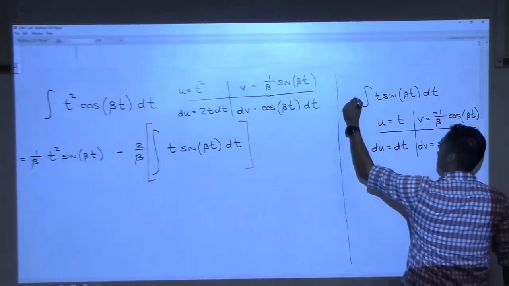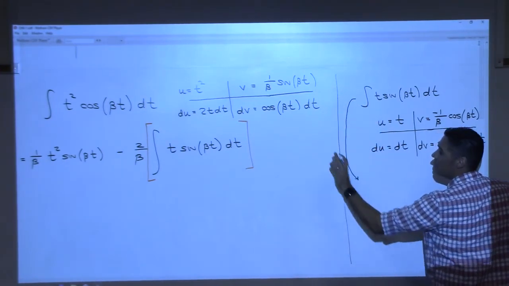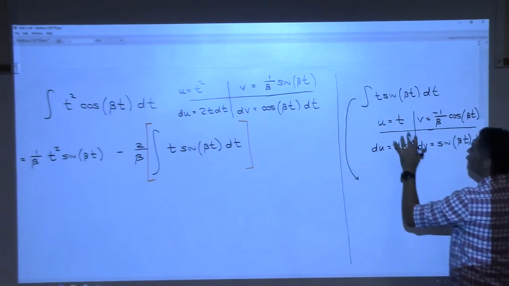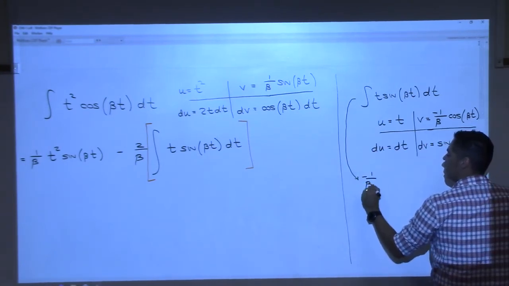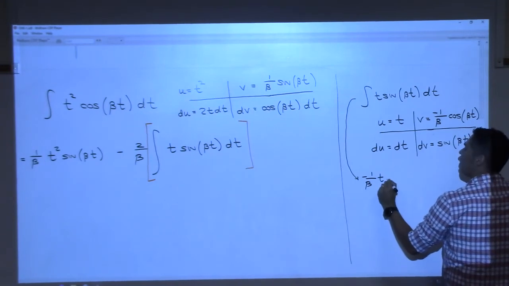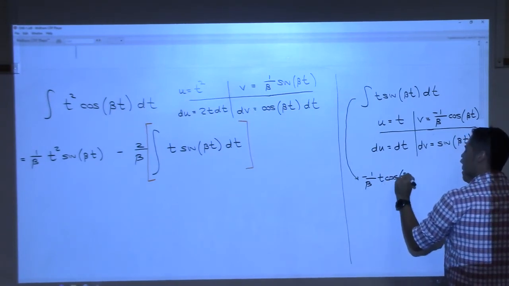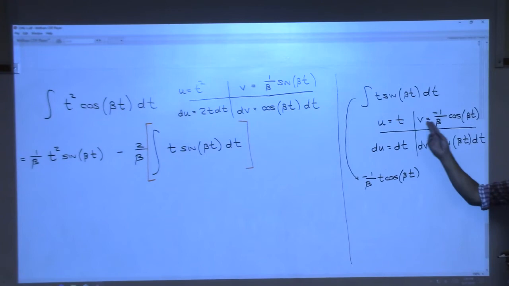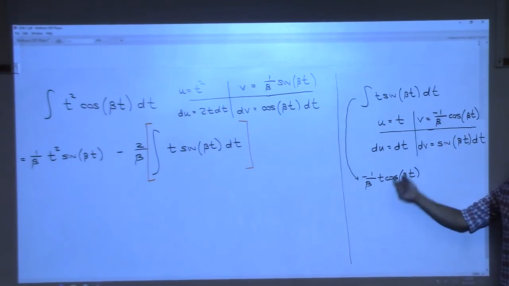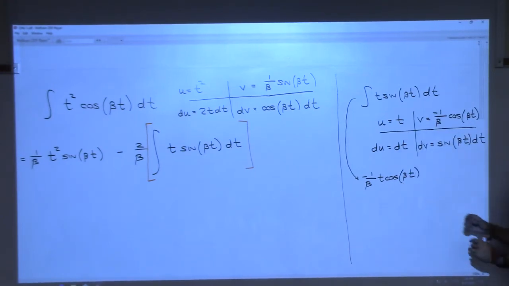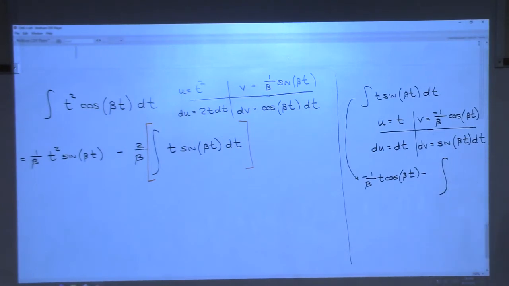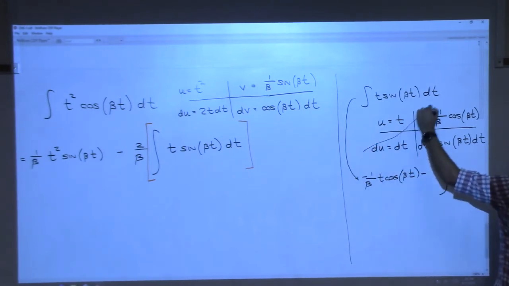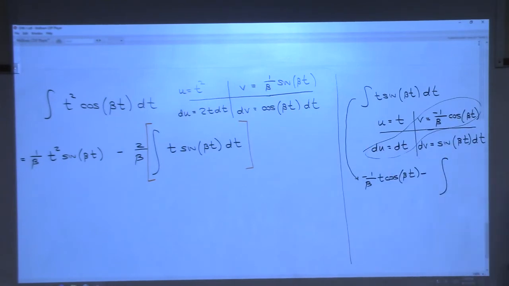So just this integral, I'm not even looking over there right now, becomes negative 1 over beta t cosine beta t. That's u times v. This times this, minus integral. I left a little space in front. Now my new integral. And so what can I pull out of there?